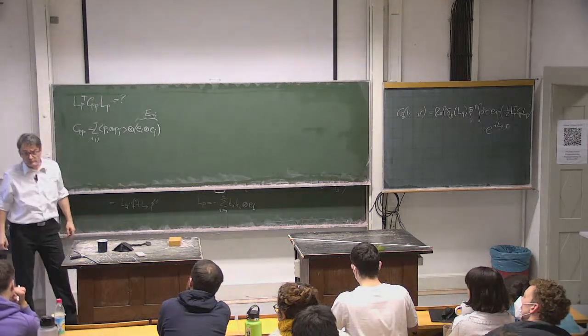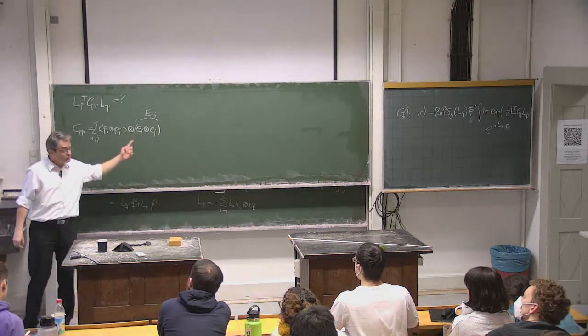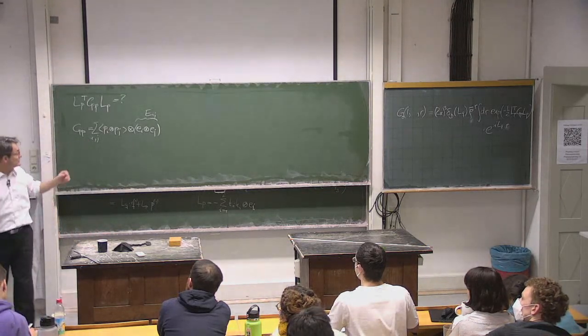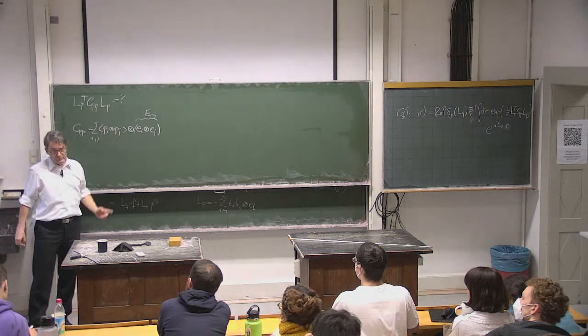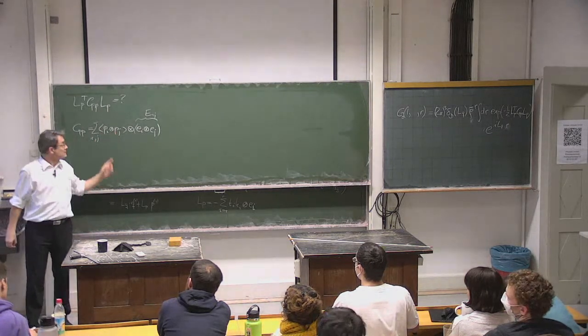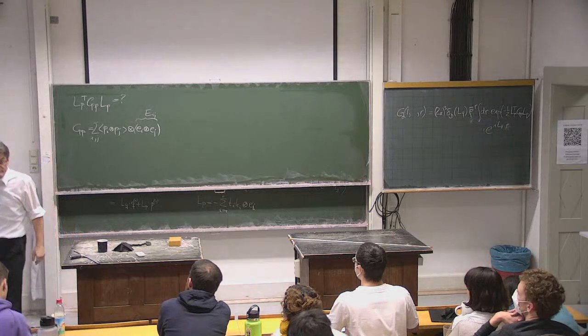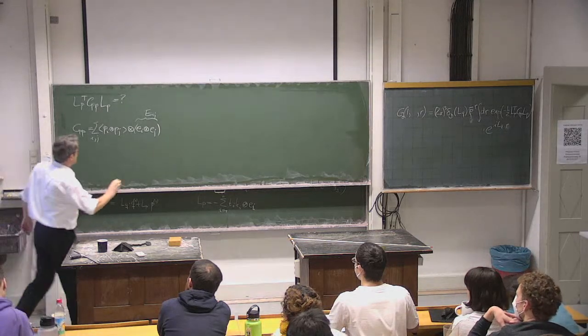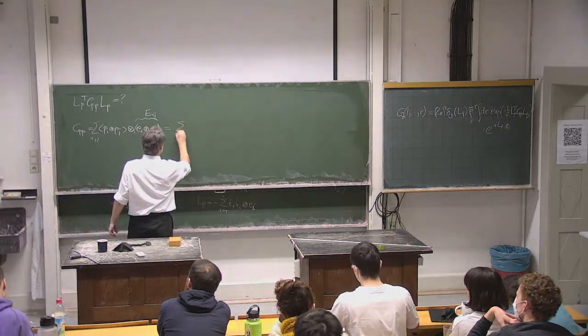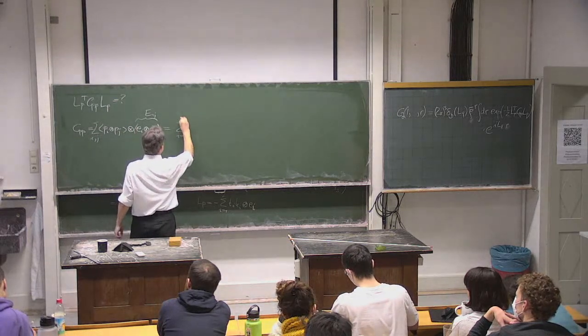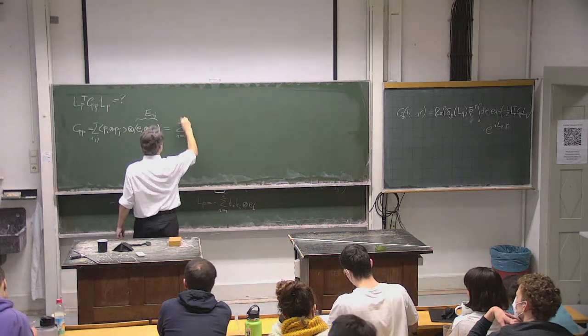Now it turns out to be most helpful to split this whole expression into a contribution which comes from equal indices and a contribution that comes from different indices. So let me write, it's going to be the sum over all i equals 1 to n.